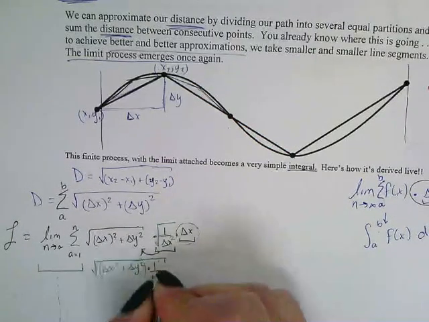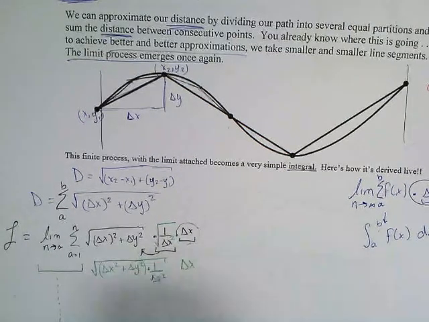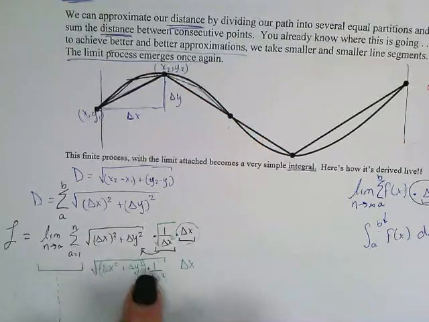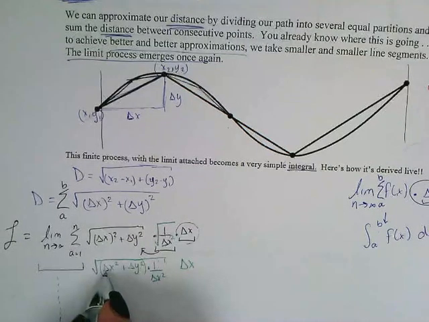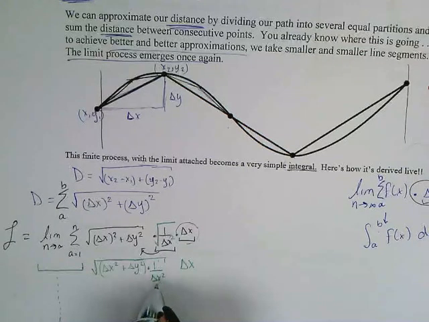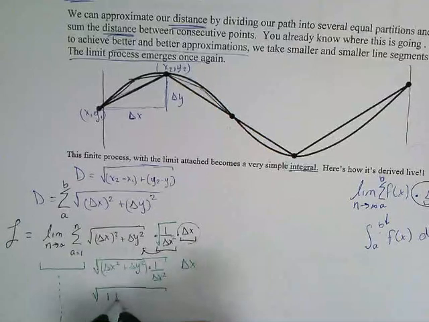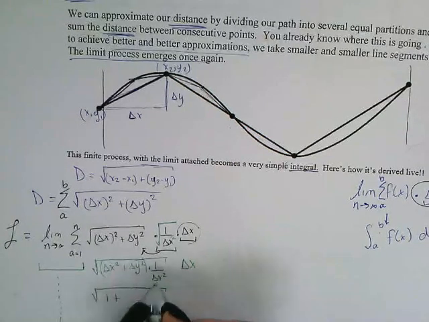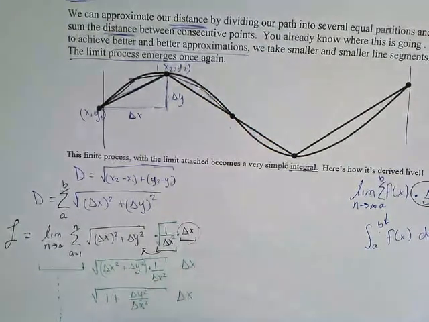So this whole thing got multiplied by that, and then this guy is on the outside. So let's clean this up a little bit. Change in x squared times 1 over change in x squared is what? 1 plus change in y squared over change in x squared, and then the change in x.